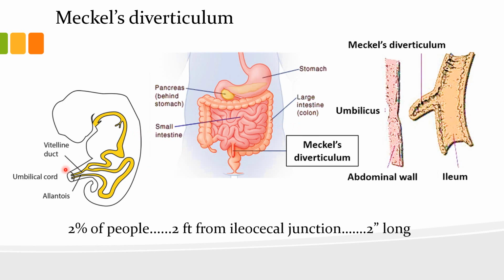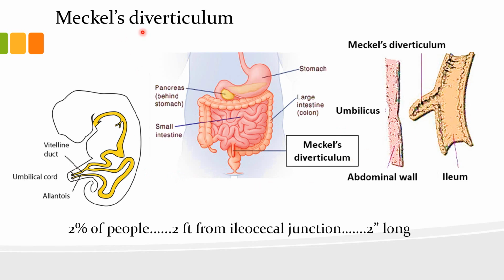You know from your embryological study that at one point of development the gut tube is connected to the yolk sac by a duct. This duct is called the vitelline duct. Normally this duct should regress and disappear completely. In some people it does not disappear completely, and part of it remains attached to the ileum.